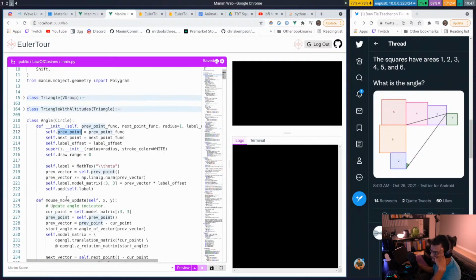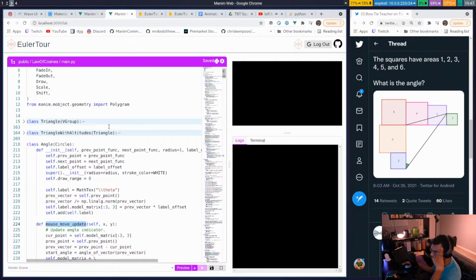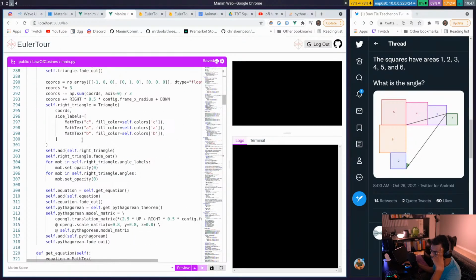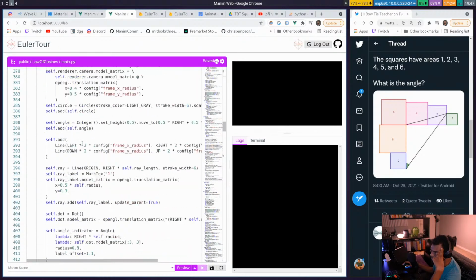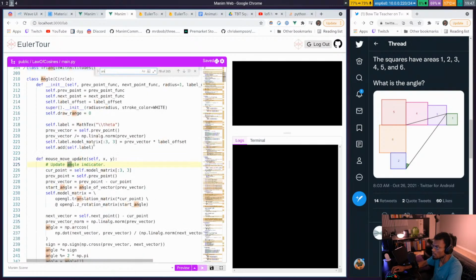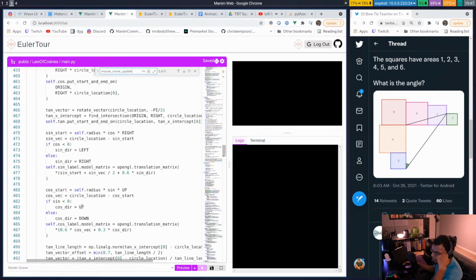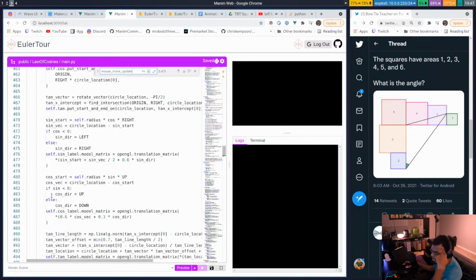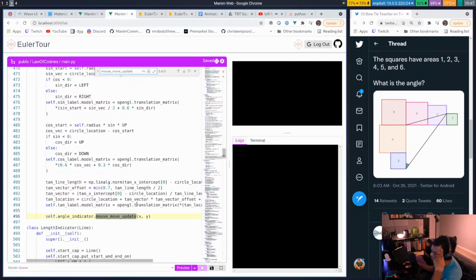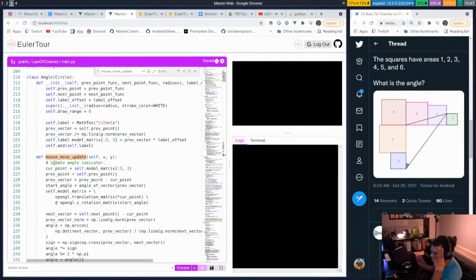Then I guess I could just call this mouse move update. Within draw or something, probably. On mouse move, I do that. Okay, I don't know if it necessarily makes sense to call it mouse move update.